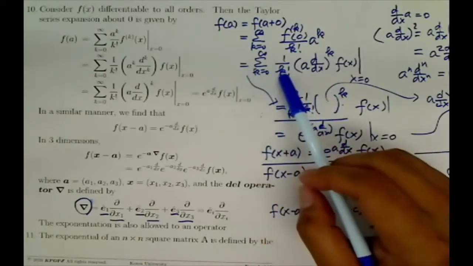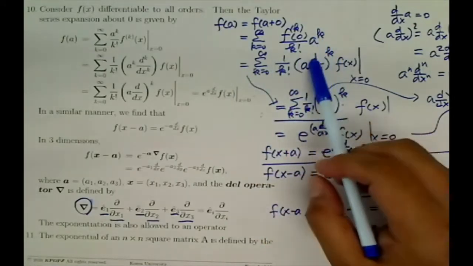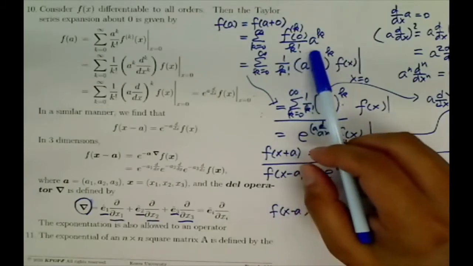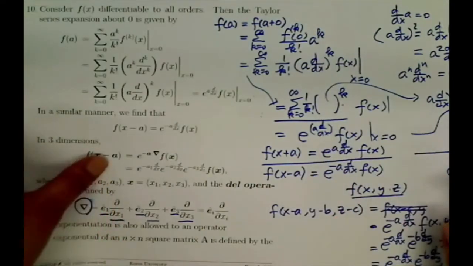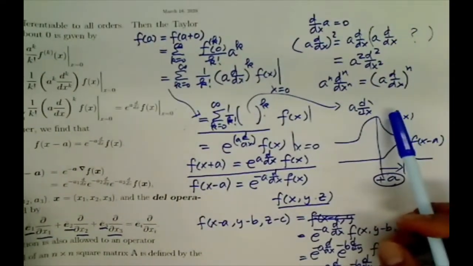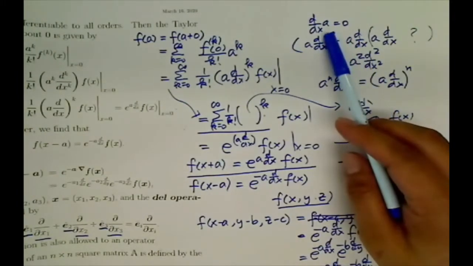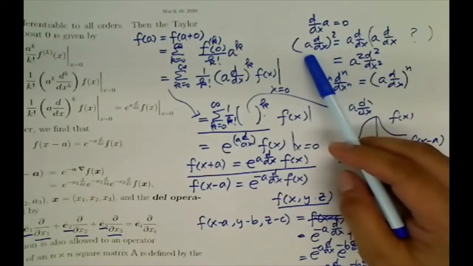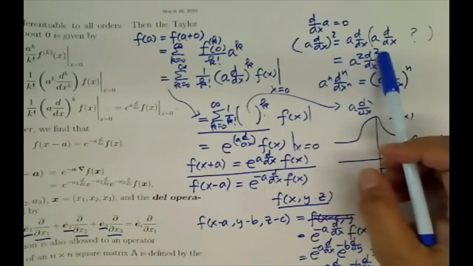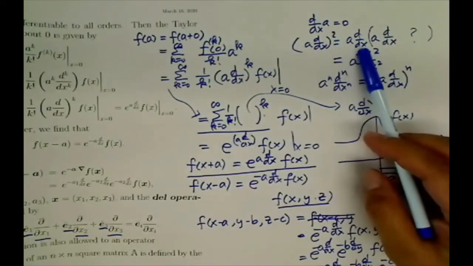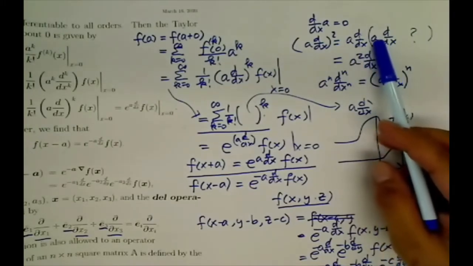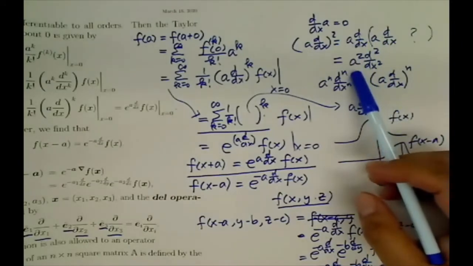We recall that a to the kth power and the kth order derivative can be combined into a single one with the kth power. Here, if I take the derivative of a with respect to x, it vanishes. Therefore, this operator squared is a d/dx applied twice to a function, and because the x derivative commutes with a, a passes to the left to make a squared.